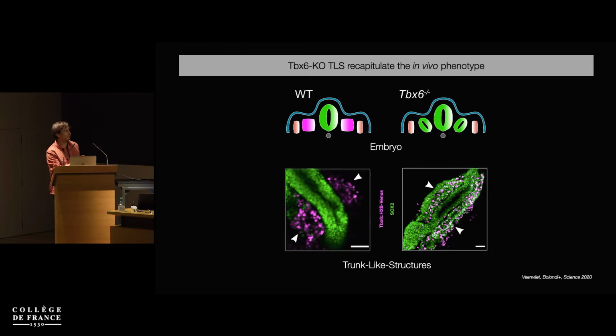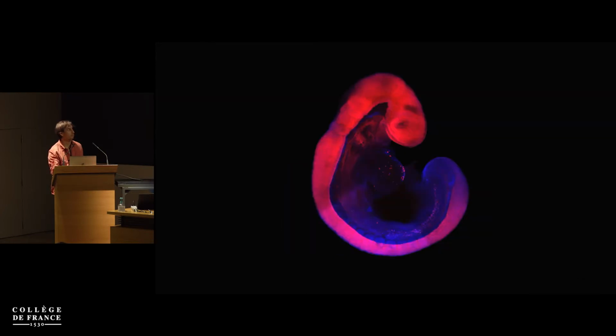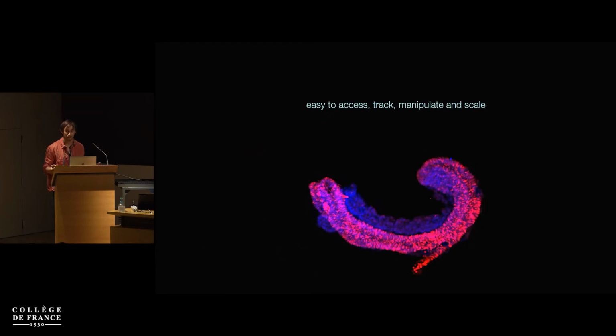And this is a phenotype that we can recapitulate with trunk-like structures, so we also get ectopic neural tube-like structures that are derived from cells that essentially wanted to become mesoderm but can't do this in the absence of TBX6. So now, complementary to the embryo, we have these stembryos that are easy to access, track, manipulate, and scale.